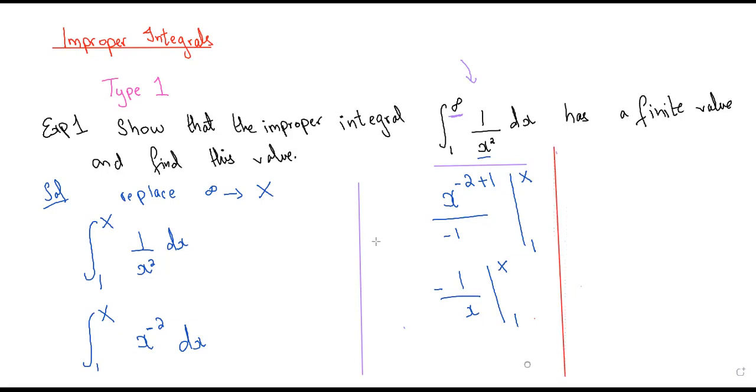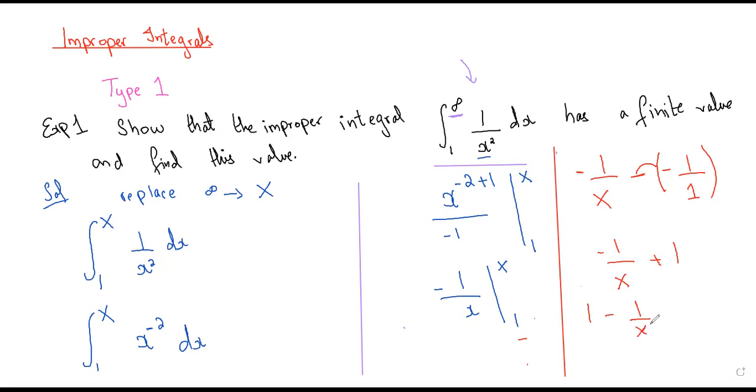I plug in capital X: minus 1 over capital X, minus, and now I plug in the other limit, minus 1 over 1. Now I'll simplify this. Minus and minus cancel. Minus 1 over capital X plus 1, and I can write it as 1 minus 1 over capital X.